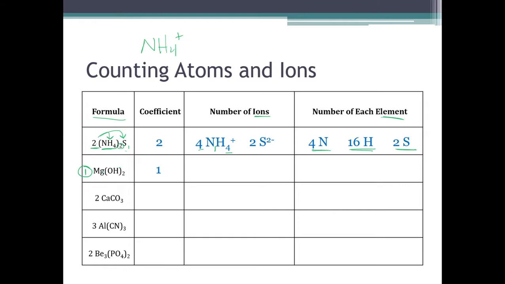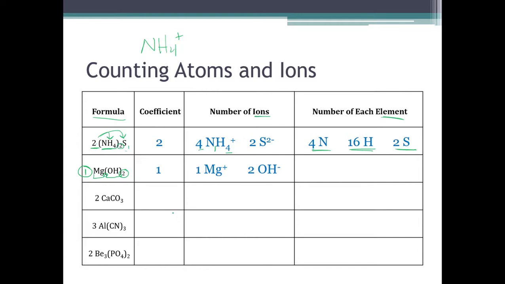So breaking this down, we've got magnesium and we've got hydroxide as the 2 ions. Magnesium does not have a subscript, which means there is 1 magnesium. If you don't see a number, the implication is that it's a 1. So we have 1 magnesium, then we have hydroxide with a 2 as a subscript, so we have 2 hydroxides.